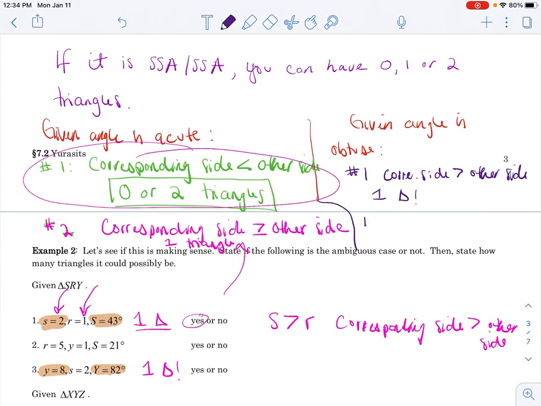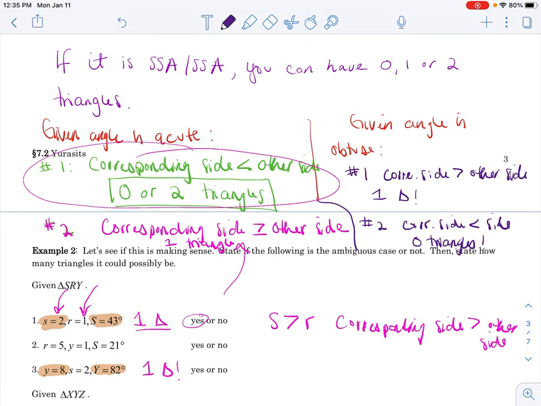The other option is your corresponding side is less than the other side, 0 triangles. So you only have the option to have this 2 triangle business, which is double the amount of work, which your future videos will go over, is if your given angle is acute.